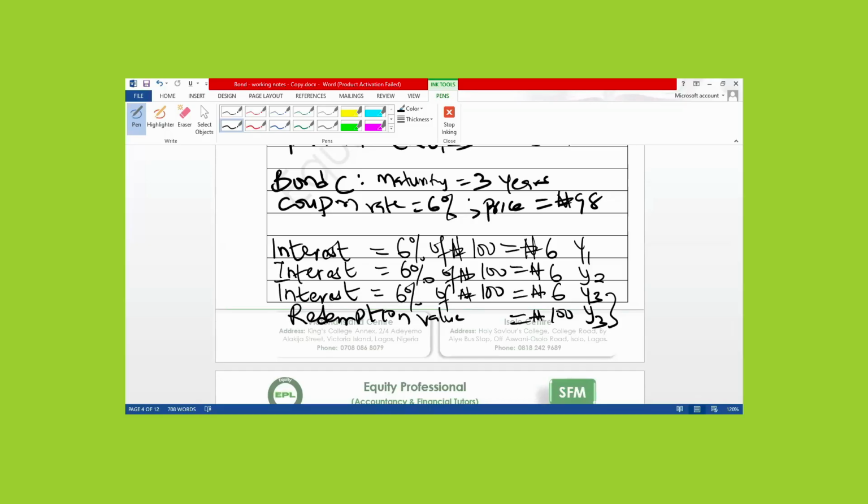And we try to say that each bond has its own peculiar characteristics. Your maturity year is peculiar to you. Your coupon rate is peculiar to you. Your price is peculiar to you.